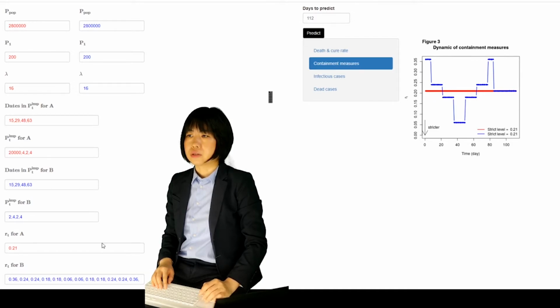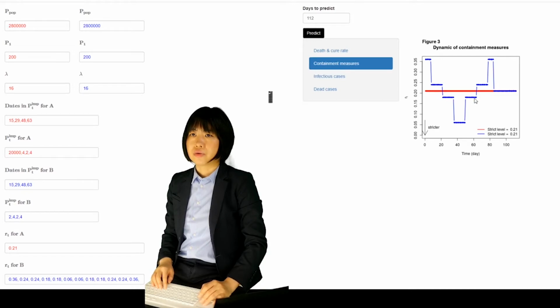We can change this RT number weekly, where we repeat the last number till the end of the prediction. Here we predict 112 days, so basically we repeat the last input till the end.